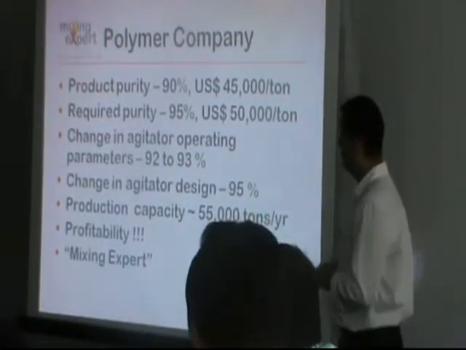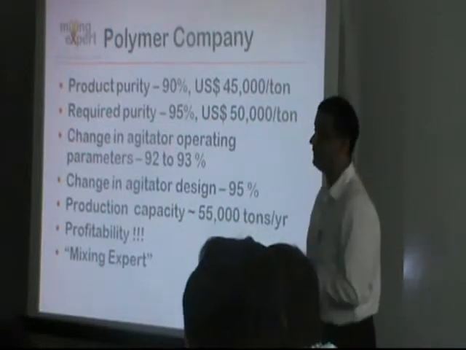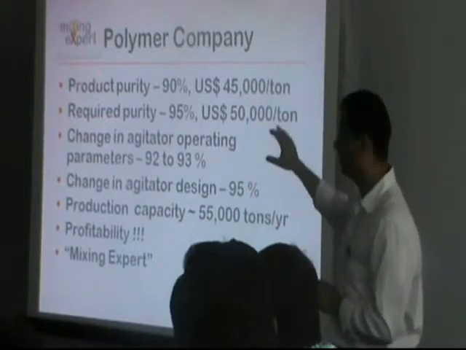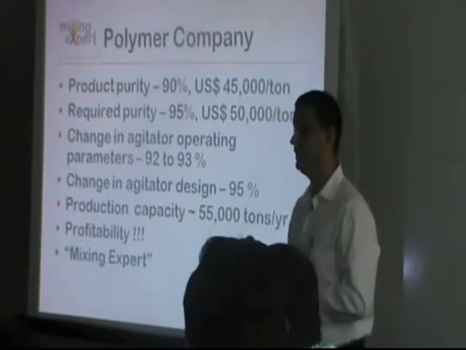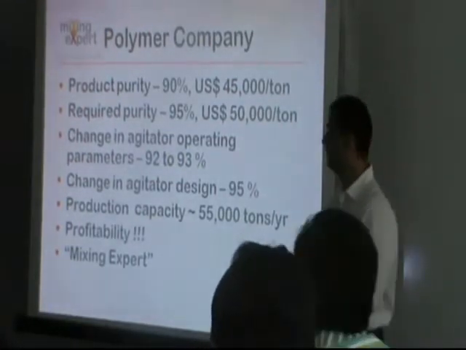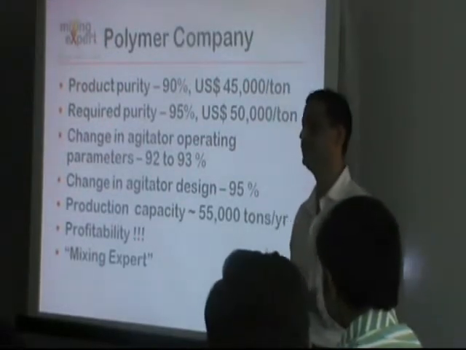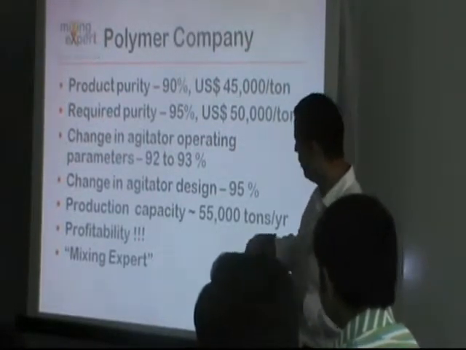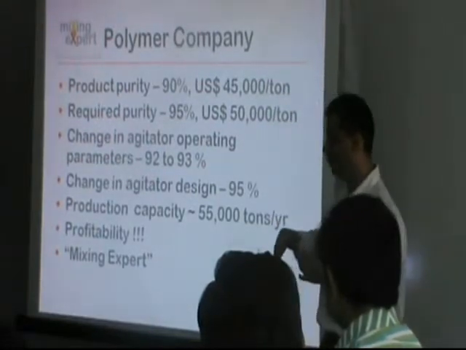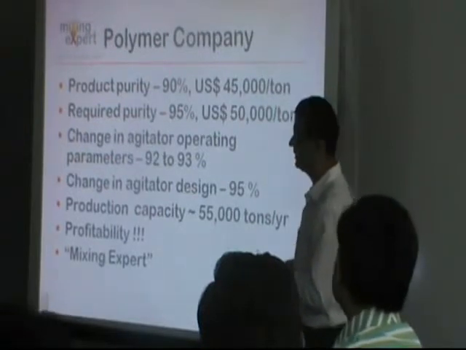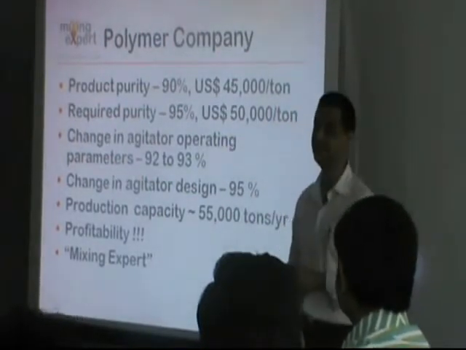Their product was valued at $45,000 per ton, and the product purity that they had was 90%. The process was set up with some technology which was obtained from China. What was guaranteed to the customer was that you would be getting 90%.